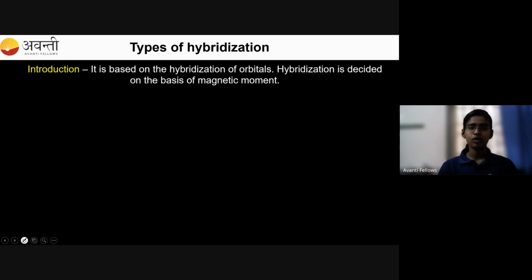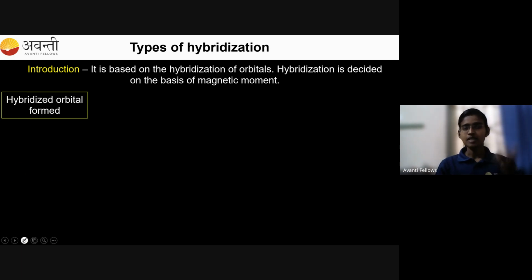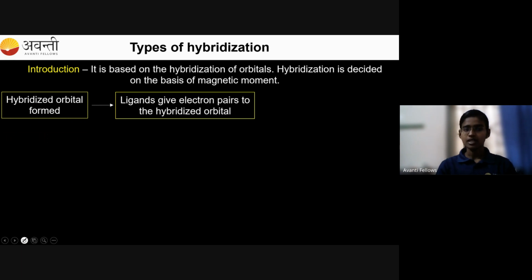In the d and f block elements also we have solved this type of question, so the same thing applies here. Each hybridized orbital of a metal will interact with the ligand orbitals.